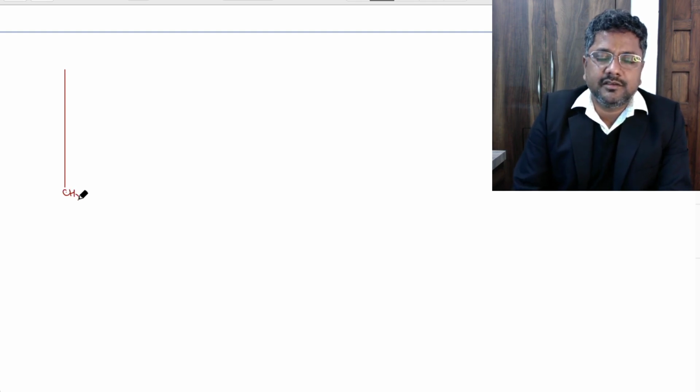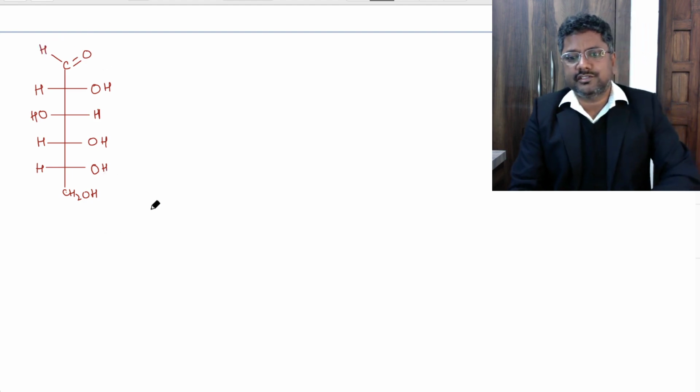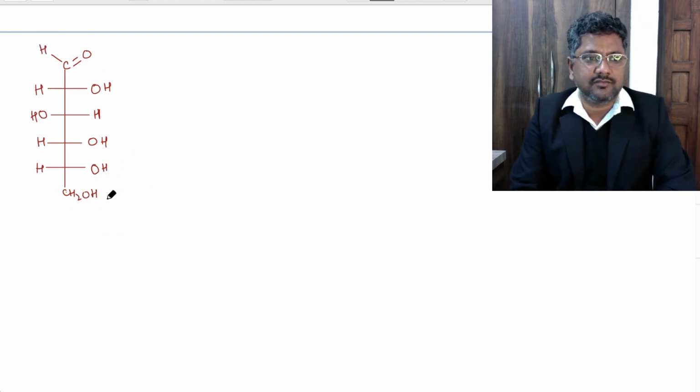See, CH2OH, OH, OH, H, H, OH, H, OH, H. Right. So this is the structure of glucose.